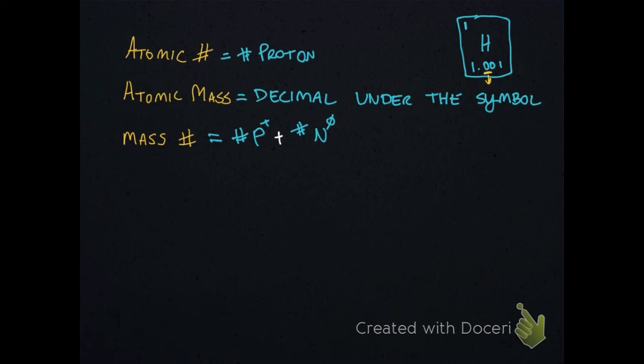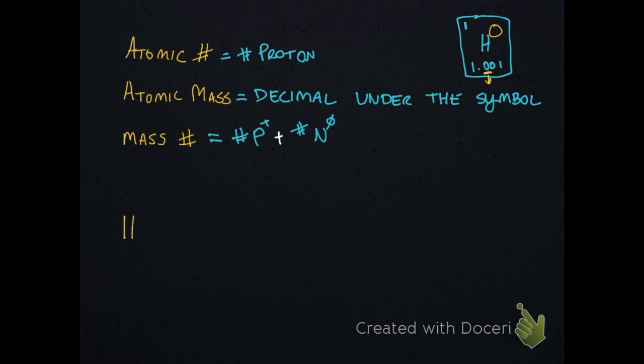Okay. Then from there you can figure out the number of protons, electrons, and neutrons. You can find the number of electrons using net charge. Remember, if it is a neutral atom, meaning there is no charge right here, and all the ones straight from the periodic table are neutral, then the number of protons will equal the number of electrons.